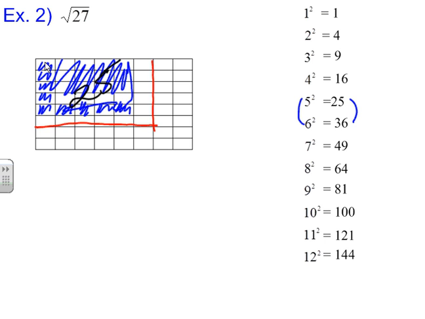Now if I have 25 and I need 27, I know that I need to add 2 more. So going back, we know it's going to be between 5 and 6. It's going to be closer to 5, so we know it's less than 5.5. We have 2 extra pieces here, so that 2 is going to go on top, and it's out of 1, 2, 3, 4, 5, 6, 7, 8, 9, 10, 11. So 5 and 2/11 is going to be our mixed number approximation of what the square root of 27 is.